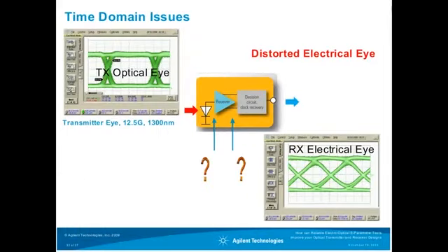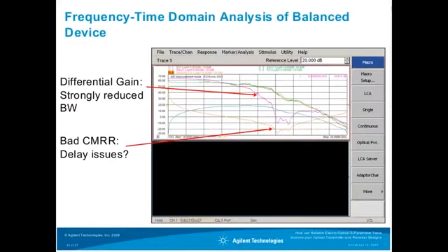Now I want to come back to the time domain issues that I showed in the introduction. Remember, we had this transmitter eye, which was clearly open, and the receive eye was fairly distorted. If we look again at the frequency domain analysis of this device, and we look at the individual S21 responses, they seem to be fairly nice.